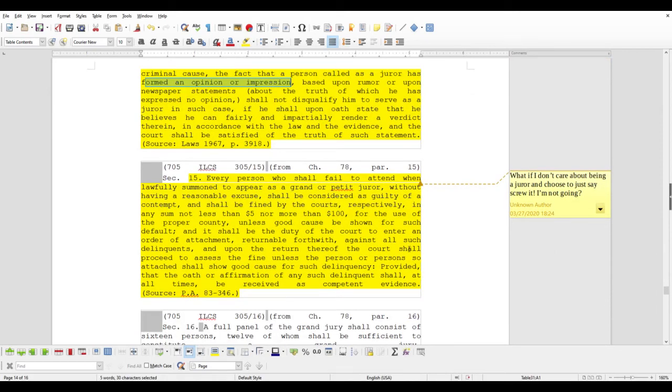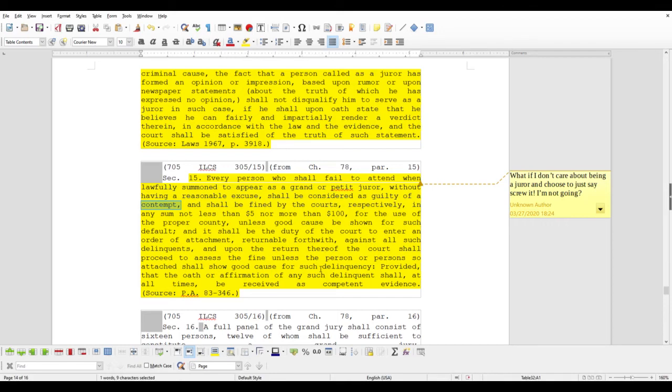So, moving along, what if I don't care about being a juror and say, screw it, I'm not going? Well, it looks like they fine you anywhere from $5 to $100, and you're basically guilty of contempt of court. A contempt of court is not a serious charge.